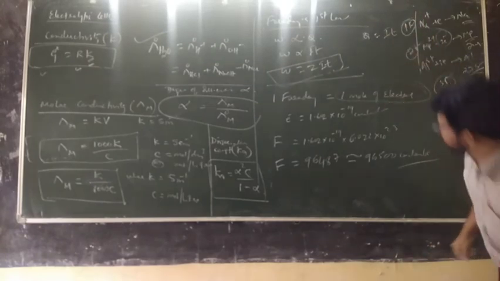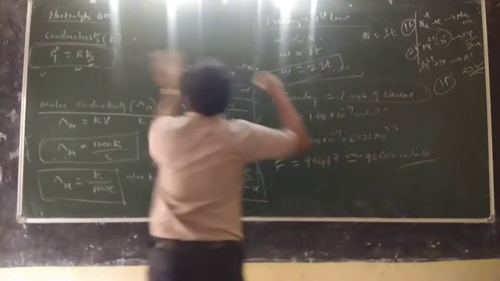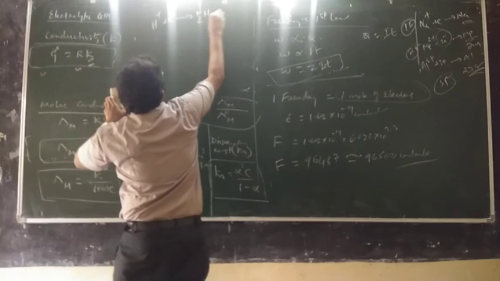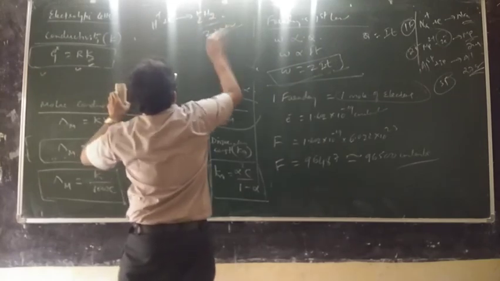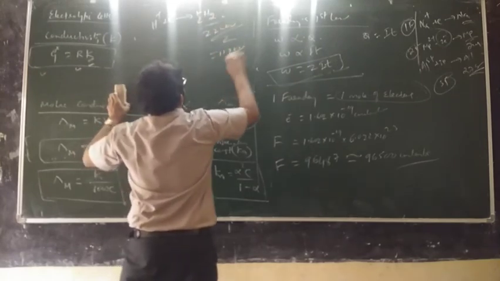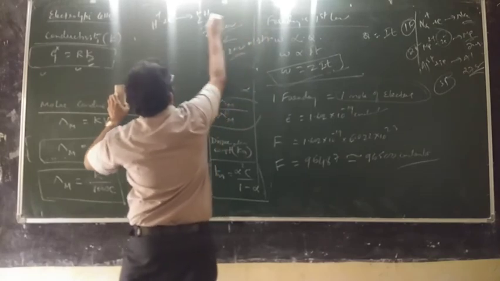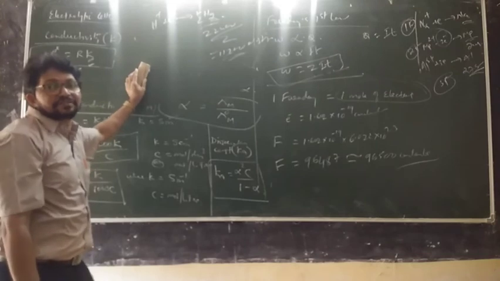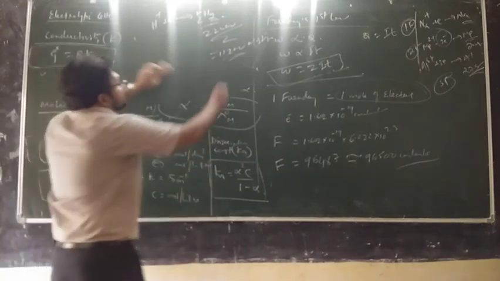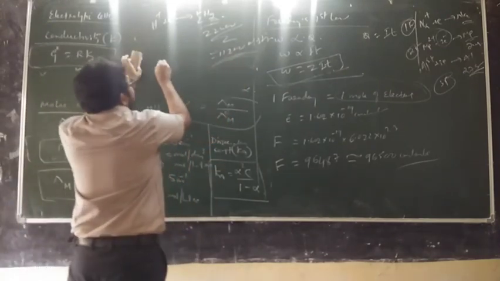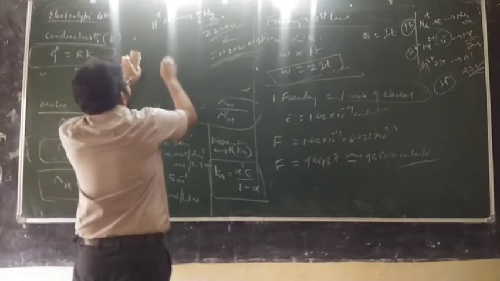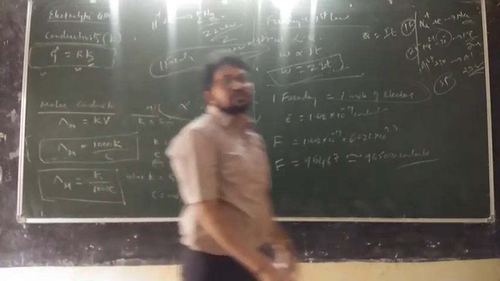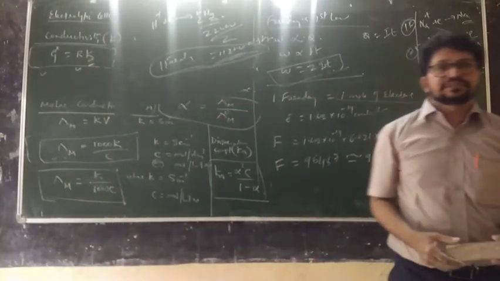For a gas converted, for example hydrogen, you have to calculate: H plus plus 1 electron gives half H2. One H2 is 22,400 cubic centimeters at STP, so half H2 is 11,200. Then 1 Faraday corresponds to 11,200 cubic centimeters at STP.